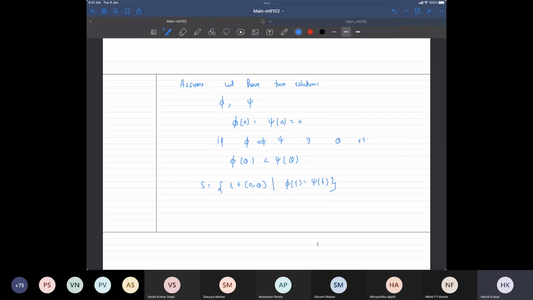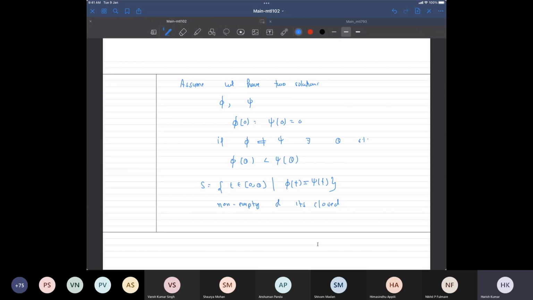Now what can you say about this set S? This is clearly non-empty. Why is it non-empty? Because 0 belongs to this, because at 0 they match. And it's closed. Why is it closed? Because both phi and psi are continuous functions. So if you subtract one from the other, that is also a continuous function, and the set of roots of a continuous function is always closed.